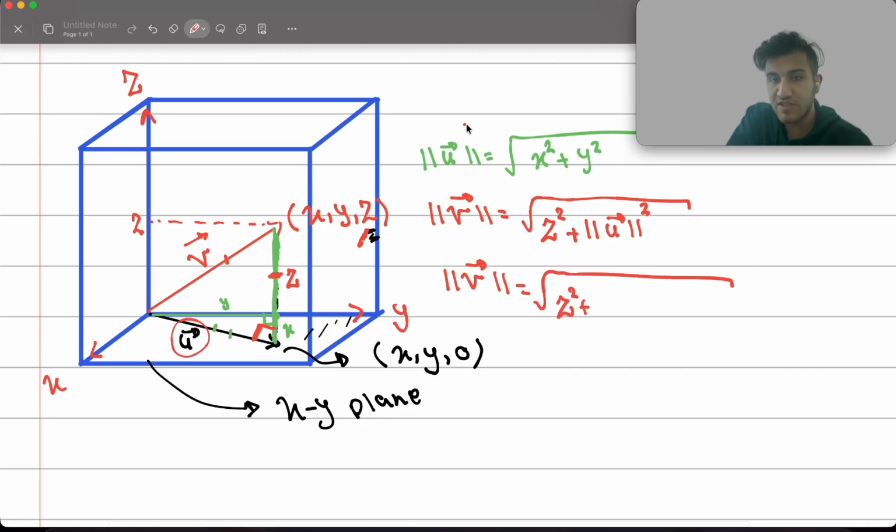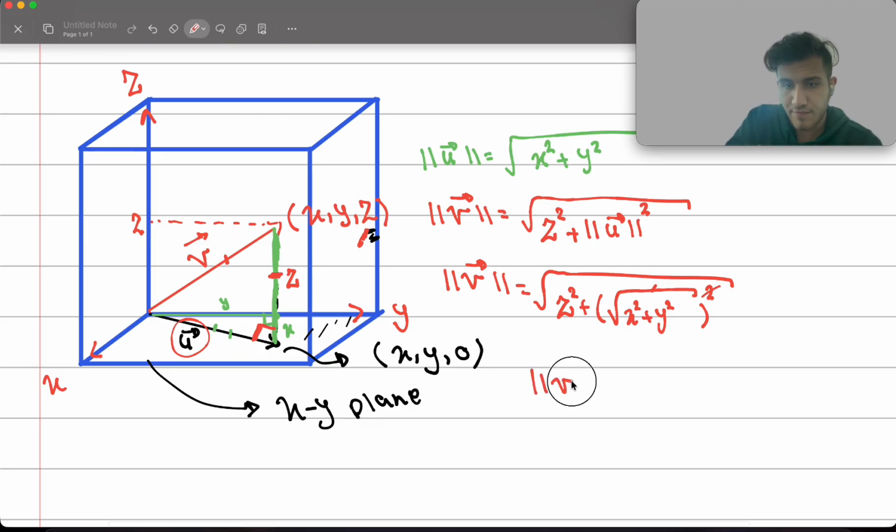Now we have to substitute this guy into here. So now it's going to be the square root of x squared plus y squared, again squared. Now we know that this square cancels out with the square root. So at the end of the day, I'm going to have the magnitude of v being the square root of z squared plus x squared plus y squared.